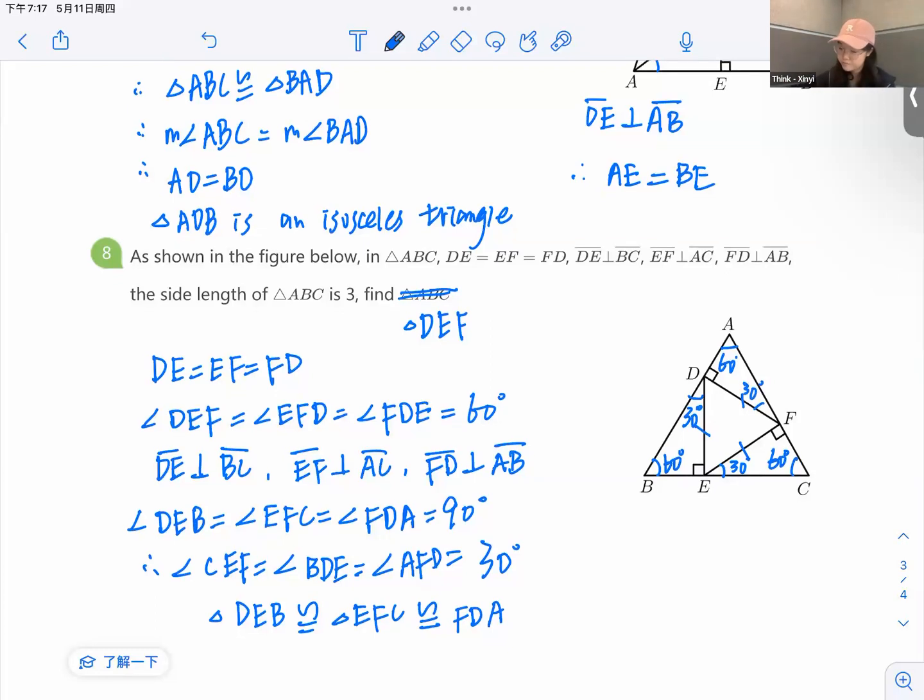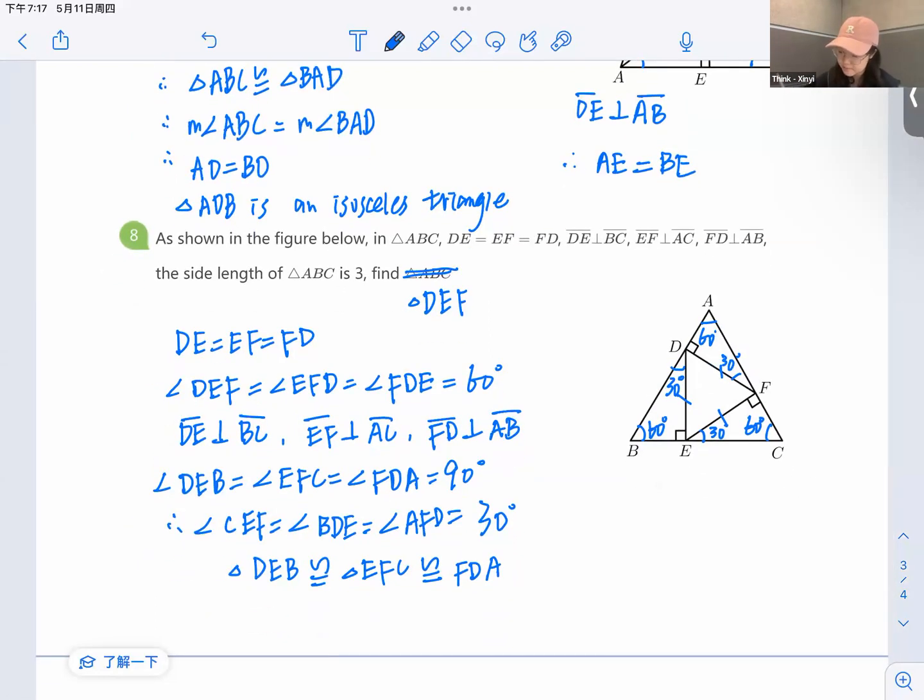And now we know that in a right triangle with the two other angles as 30 degrees and 60 degrees, the ratio between DB and BE equals to the ratio of EC and CF, equals to the ratio of FA and AD.